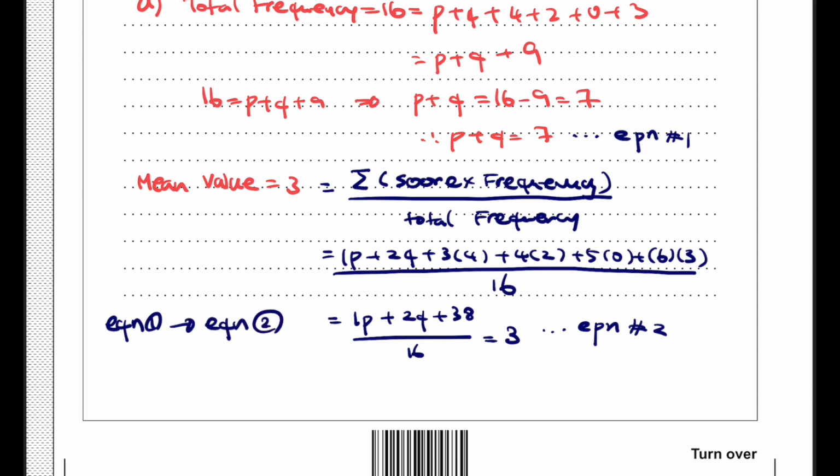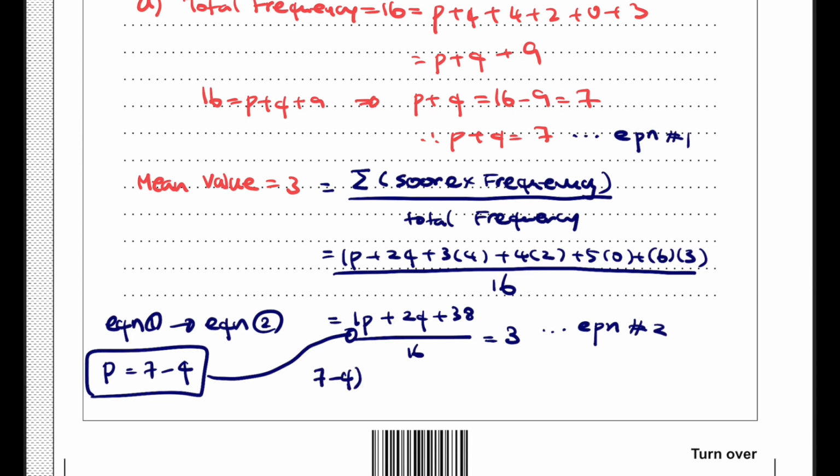We're going to change the format of equation number 1 as P equals 7 minus Q, and then we're going to substitute this here. So I substituted 7 minus q into 1p plus 2q plus 38.